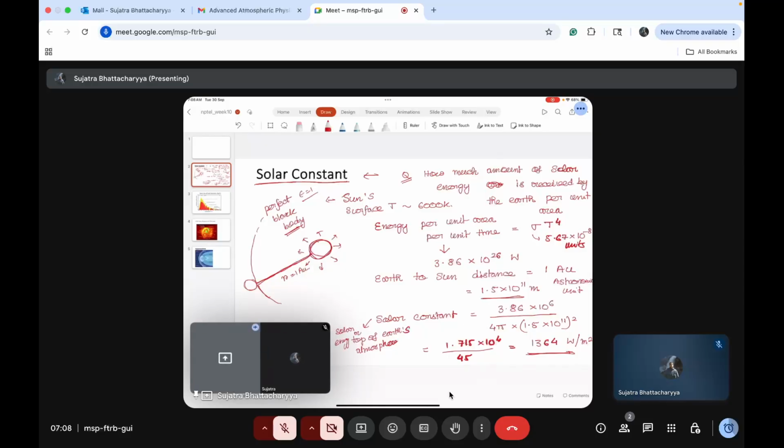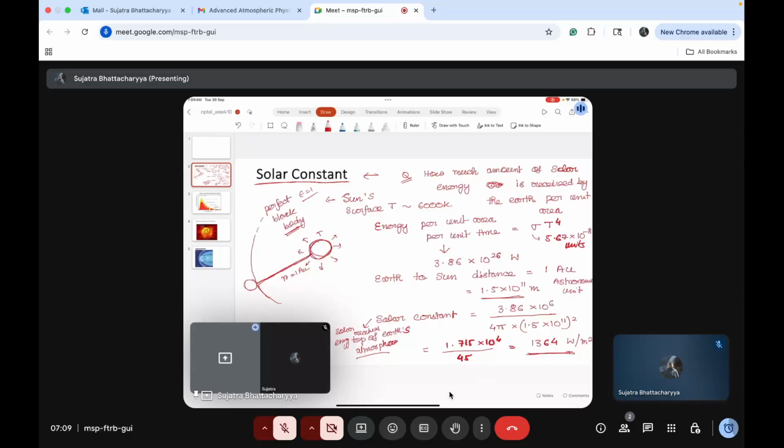This is very important when we are talking about the sun's energy playing an important role. We must know how much energy of the sun is actually received per unit area at the upper atmosphere of the earth. So this is called the solar constant. It is about 1364.